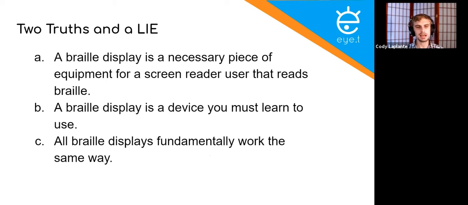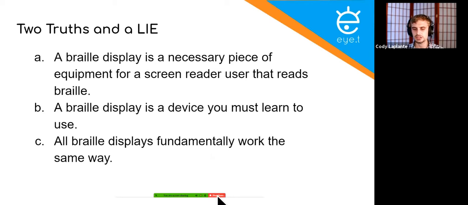So is this one the lie? A Braille display is a necessary piece of equipment for a screen reader user that reads Braille. Is that the lie? Or is it B, a Braille display is a device you must learn to use? Or is it C, all Braille displays fundamentally work the same way? Let's see what you guys think.